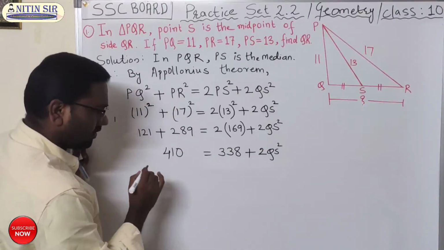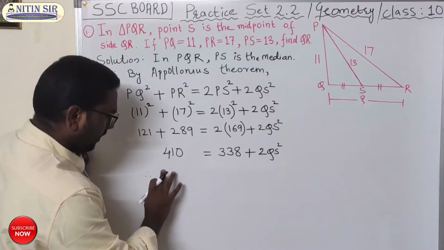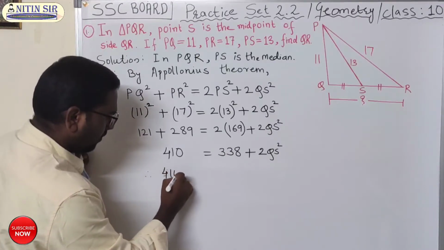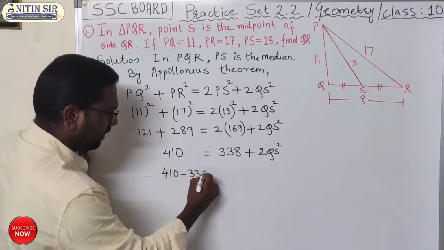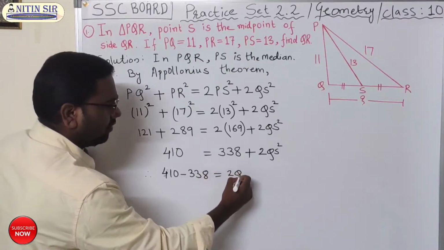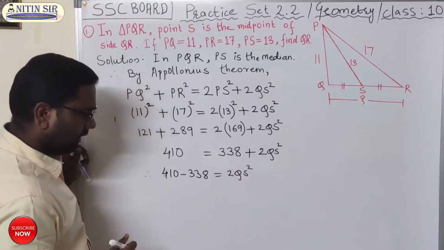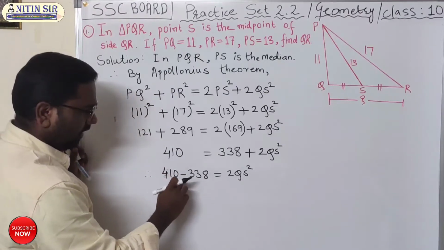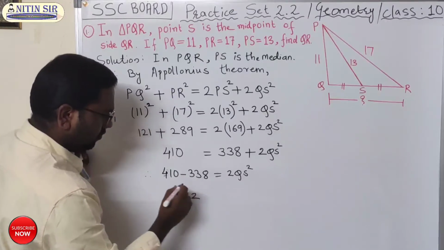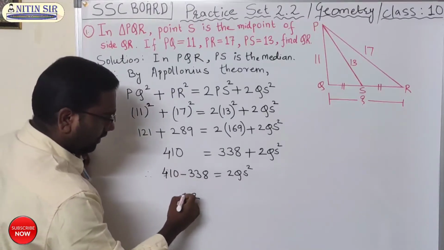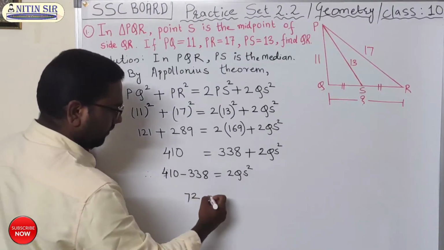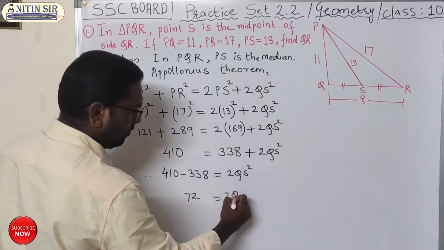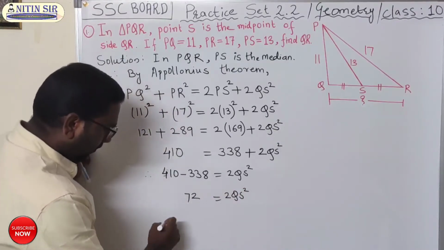Therefore we can write this equation as 410 minus 338 is equal to 2QS square. So 410 minus 338, here 10 minus 8 is 2, 40 minus 33 is 7, so 72. This is equal to 2QS square.